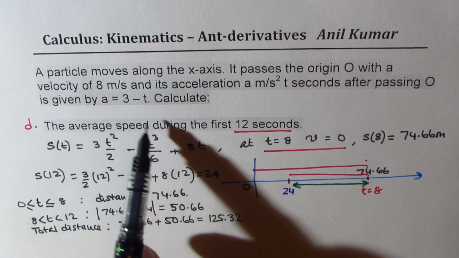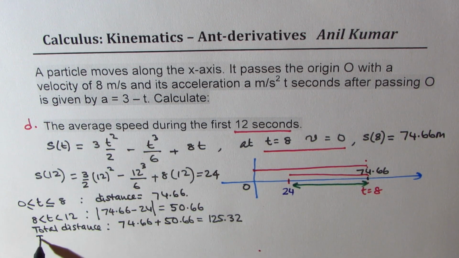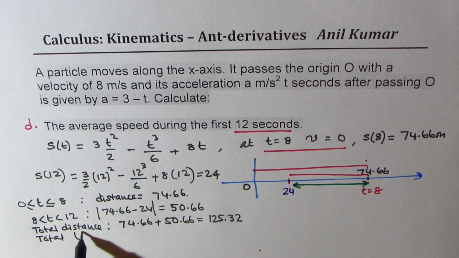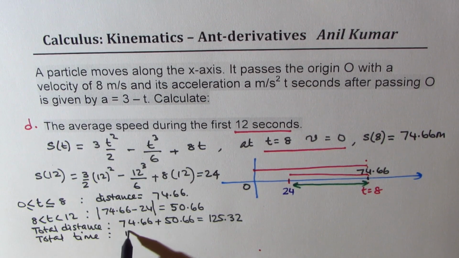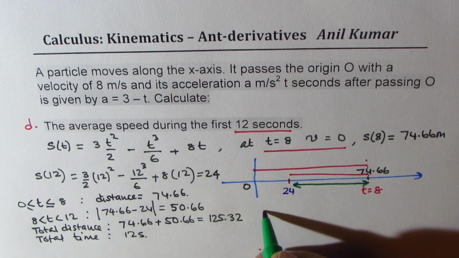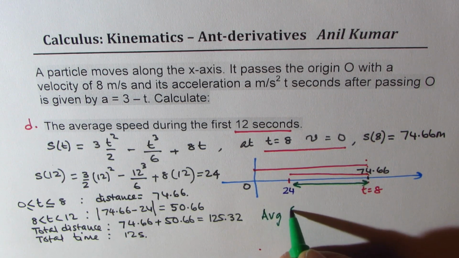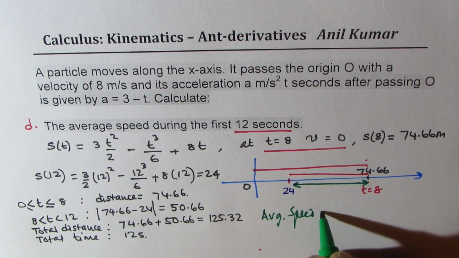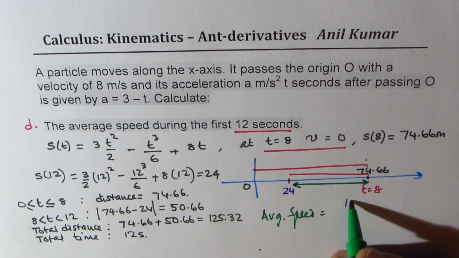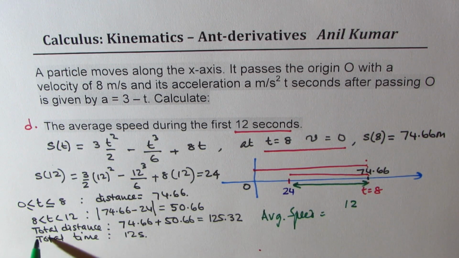We need to find average speed. We know what the total time is. Total time is 12 seconds, correct? So now it is easy to find average speed. We can say that average speed is the total distance, 125.32, over this time. This is what we are trying to find, correct?